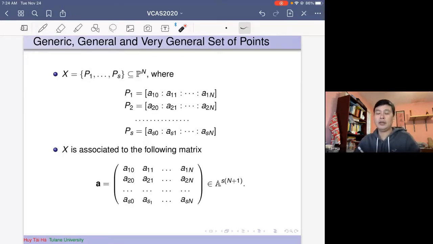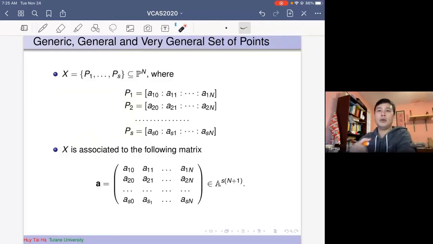Now, there's a slightly easier way to see when a property holds for a general or very general set of points, instead of going through the Hilbert scheme, and I'm going to talk about it here. So here we start with the set of points X being P1 up to Ps.